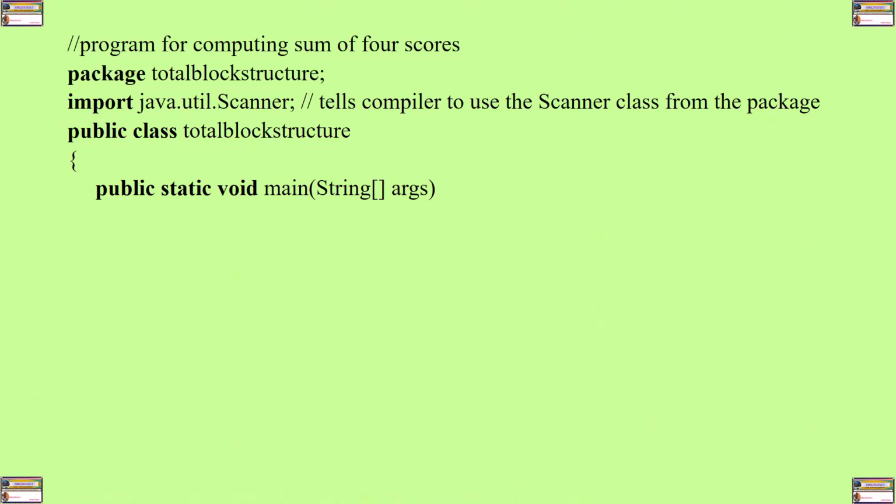My dear students and the rest of the learners, remember, if you don't know the meaning of this statement, you can go back to the previous presentations in this series, and then you'll be able to see the explanation of what this part does. So we have public static void main, and of course, the arguments there.